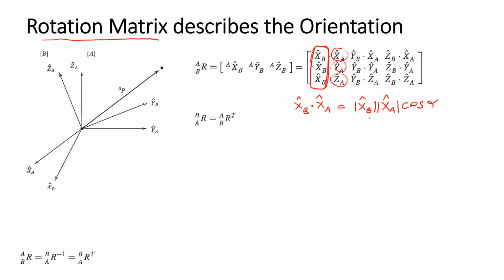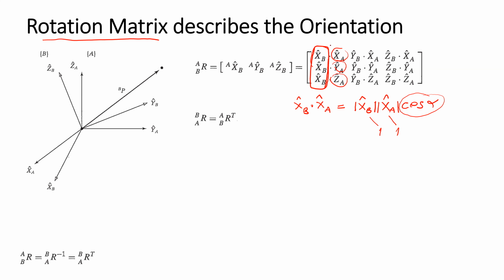The magnitude of a unit vector is 1, and the cosine of the angle gives us the information of the angle between those 2 unit vectors. So this is the idea.